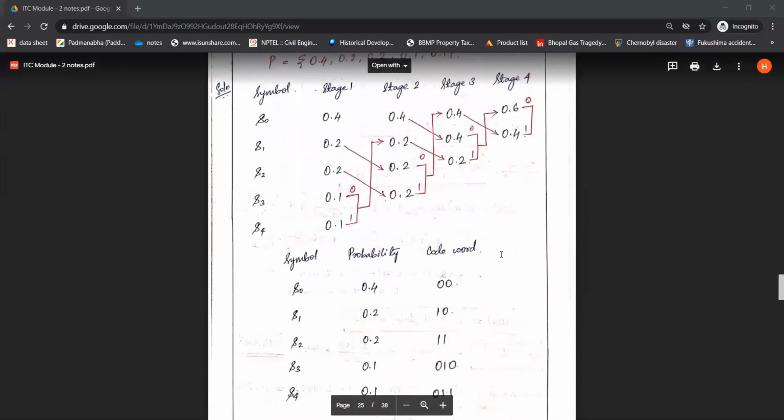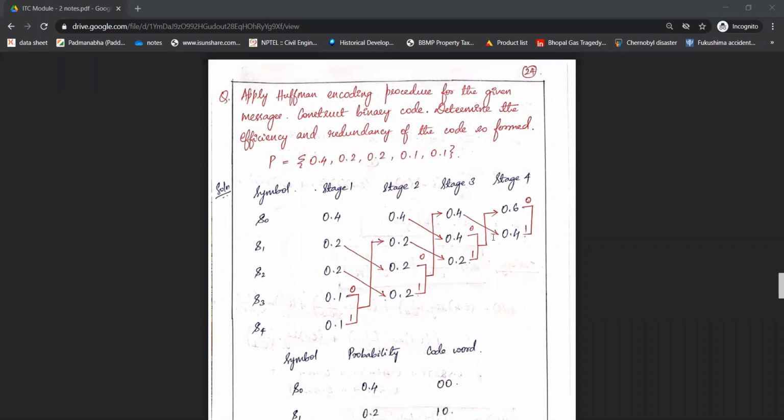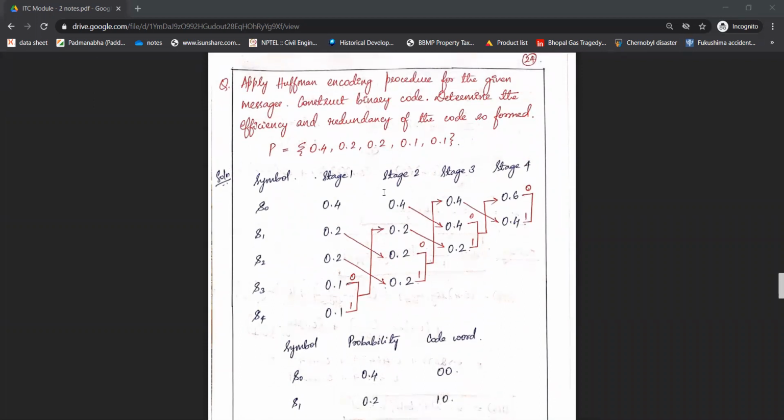And about the Huffman coding, this is the procedure that you have to follow. First, I'll just revise it. First thing what we'll be doing is arrangement of the probabilities in decreasing order and identifying the least two values of the probability, and then assigning a value 0 and 1, add it, and decide a position for that in accordance with the decreasing order in the succeeding stage.